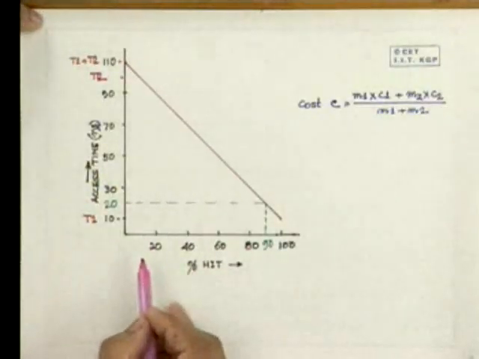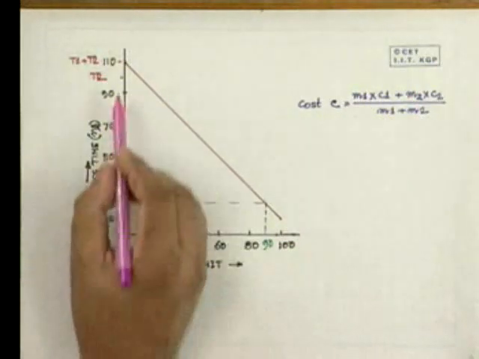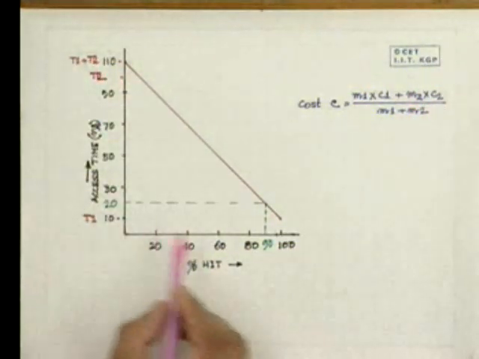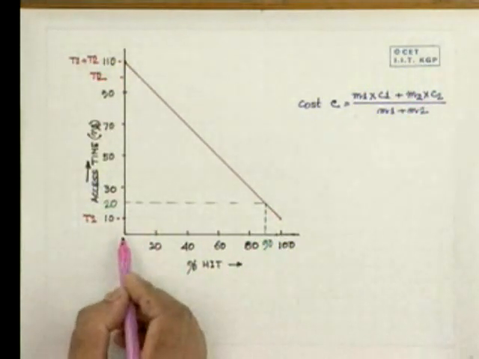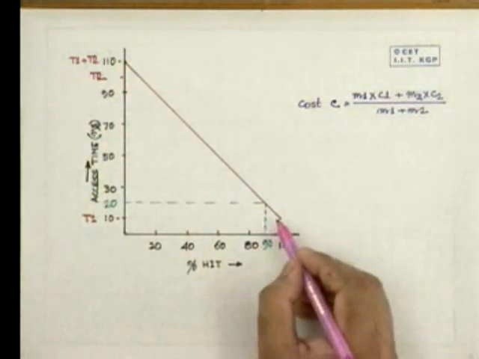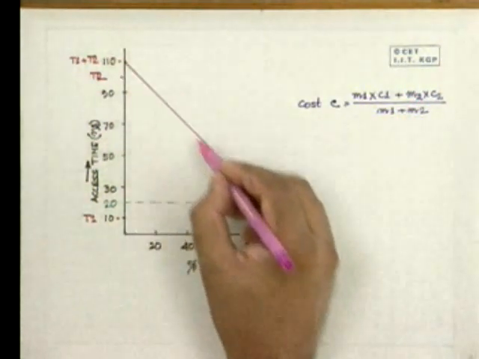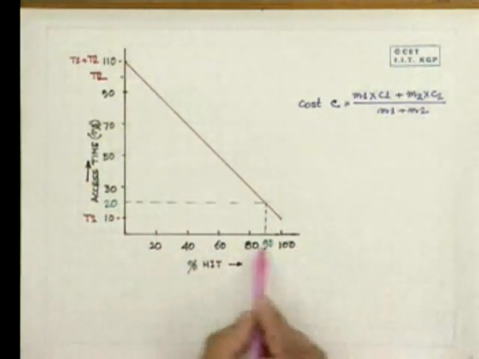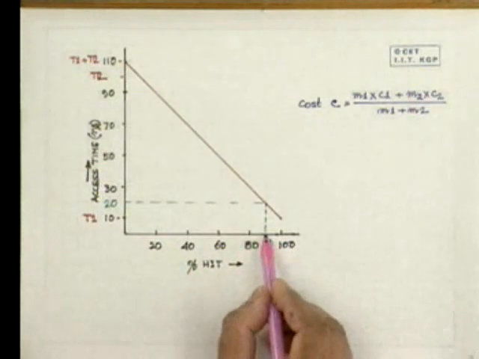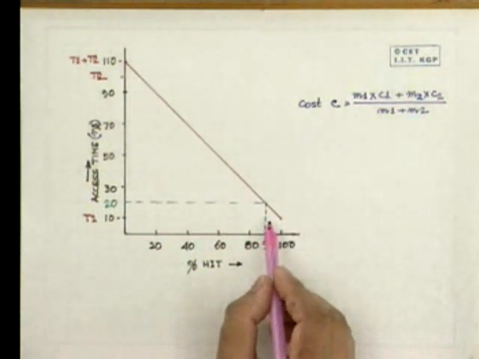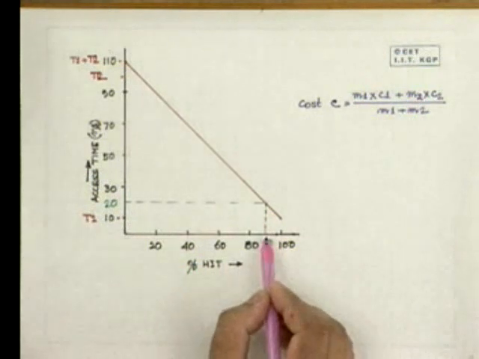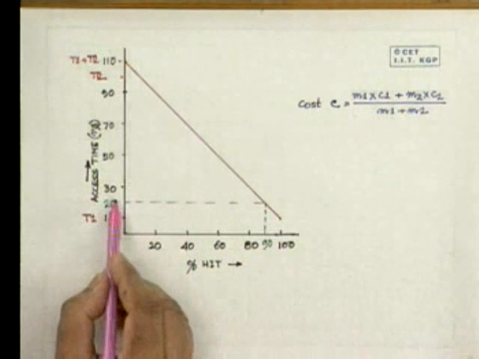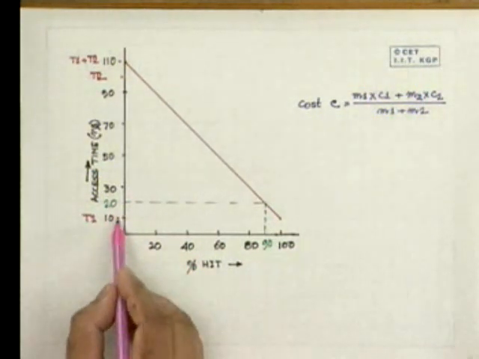Right? Therefore, you see, if it is a miss, then the total time that is needed is T1 plus T2, because we first searched in the cache memory and then in the main memory. Therefore, this line, the red line, depicts the behavior of the access time in terms of the percentage hit. Now, if the percentage hit is 90%, which is typically a figure, then you see that the access time that we get is 20, which is very close to the access time of the cache memory.